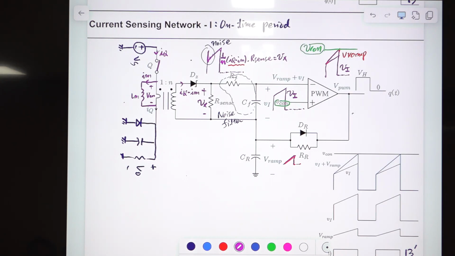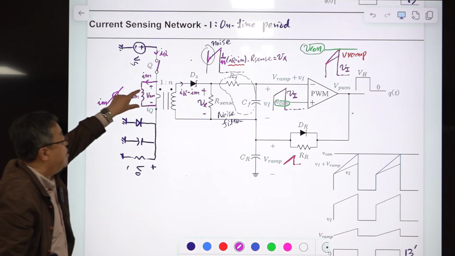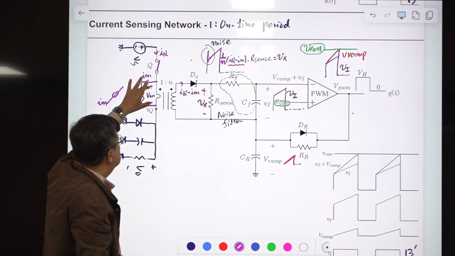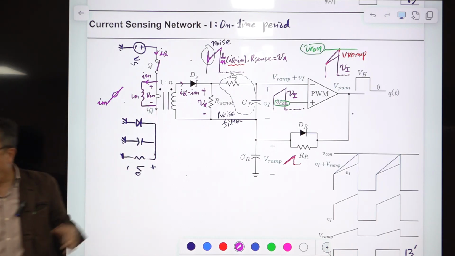During this period, IM is the magnetizing current passing through this current transformer. Let me draw that. This is IM, linearly increasing. Suppose there is some VM. This is nonlinear, but it can be approximated as some constant.